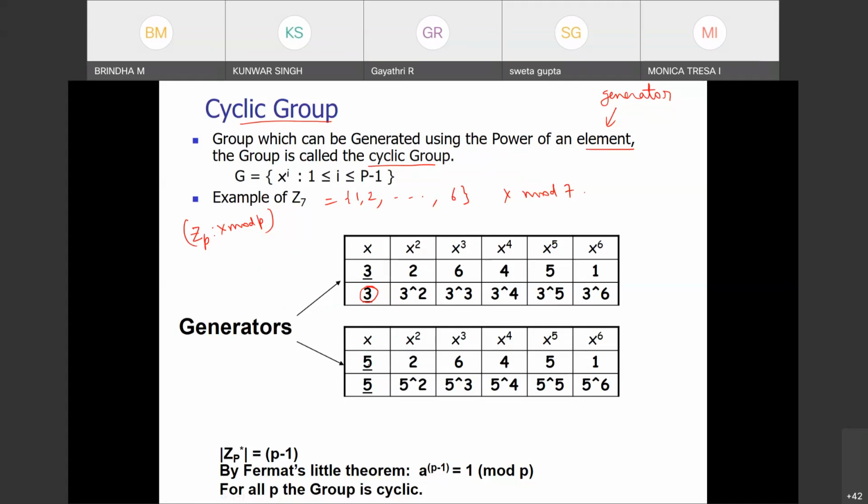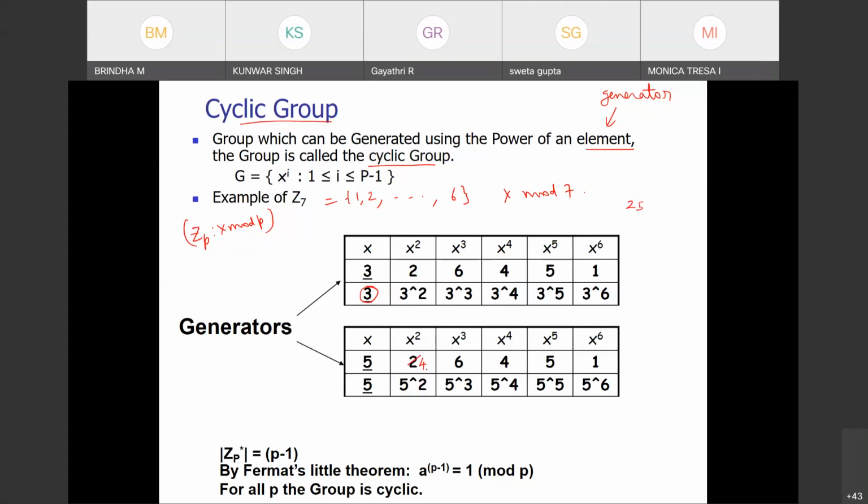So you can see here this 5 is also a generator. 5 squared is 25, 25 modulo 7 is 4. Okay, we wrote this wrongly, I think this should be 4.